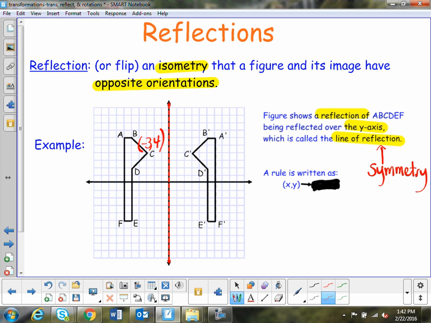Check C prime now. C prime is at positive 3, 4. Okay? Check D. That's negative 5, positive 2. D prime is positive 5, positive 2.